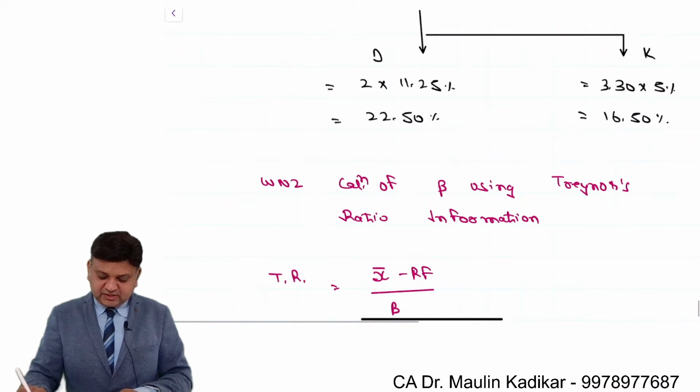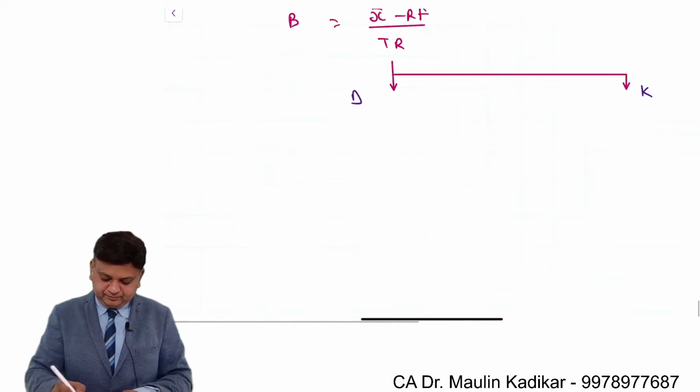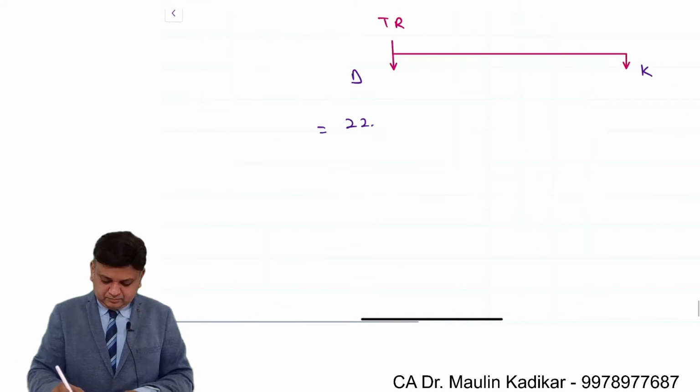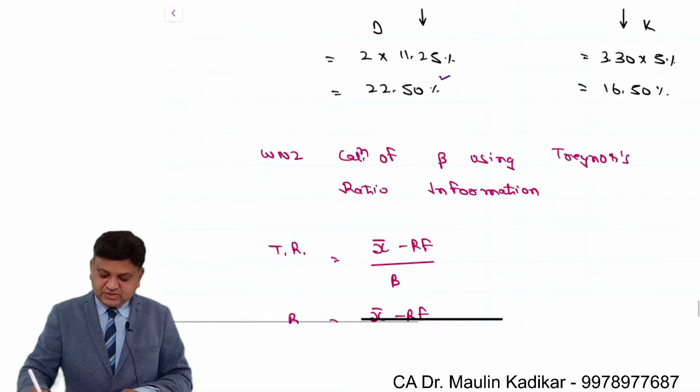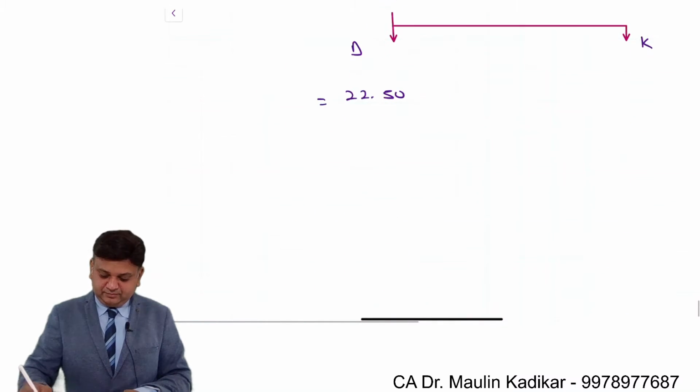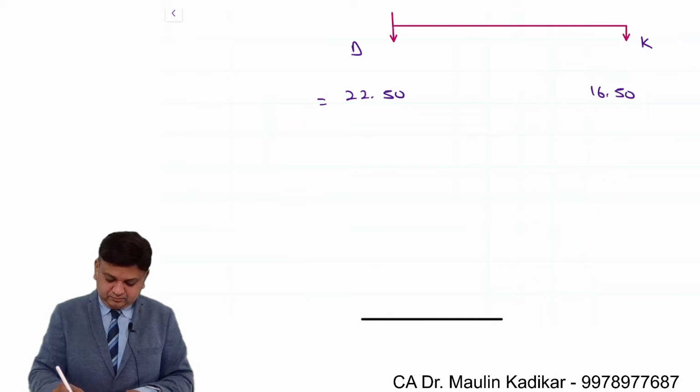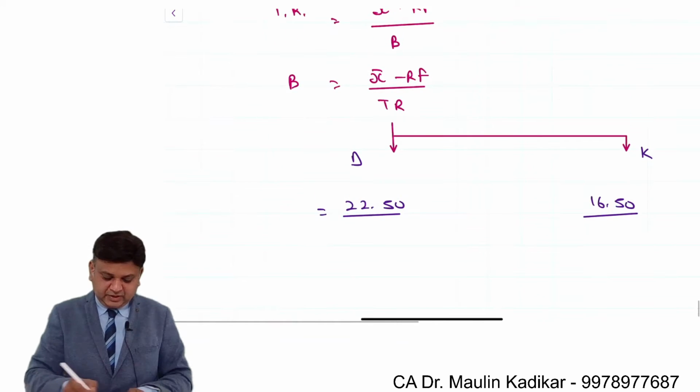So we understand that it is 22.5, this is 16.5, divided by Treynor's ratio.